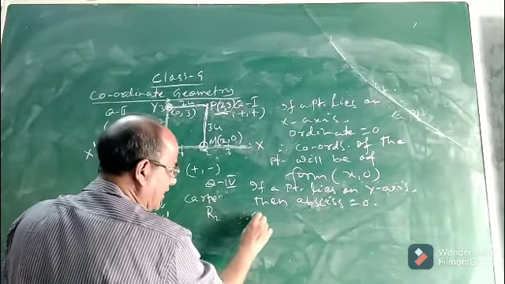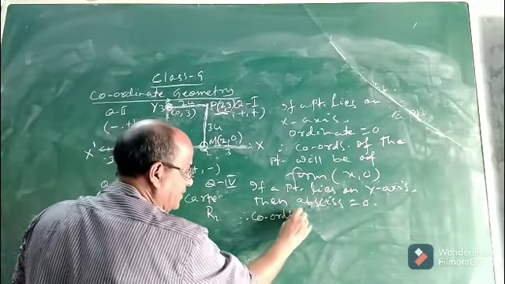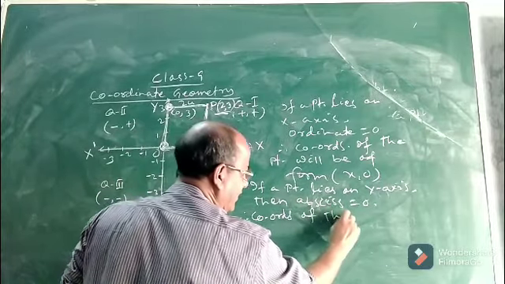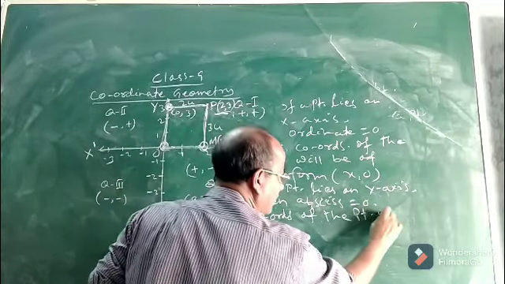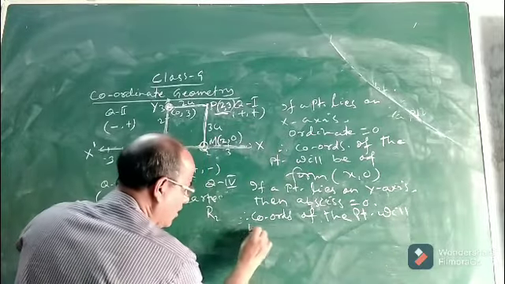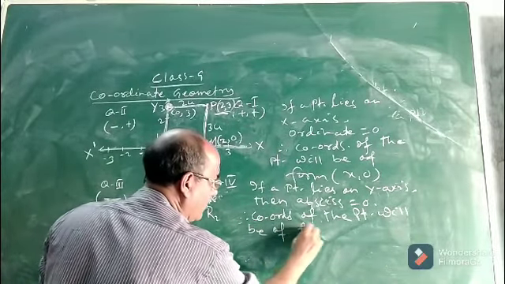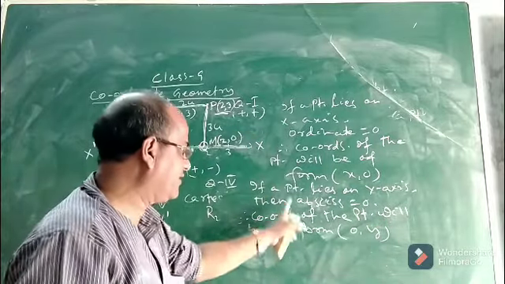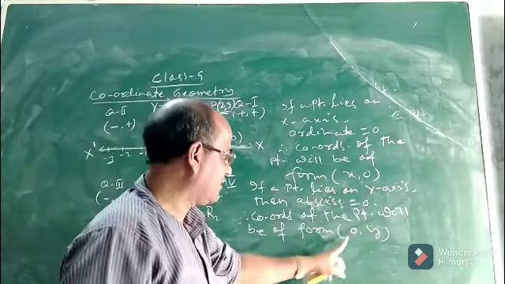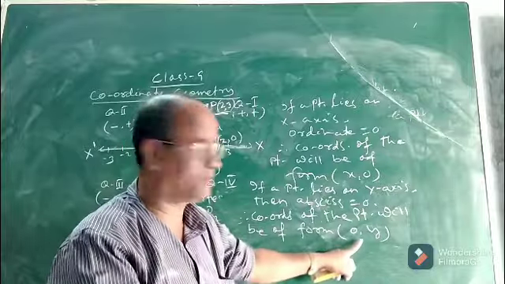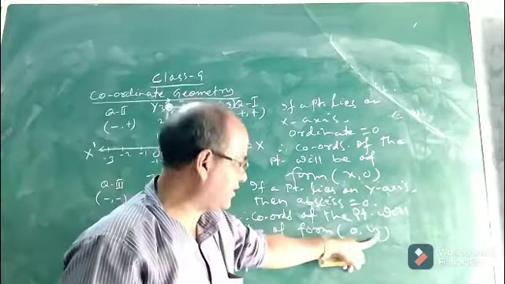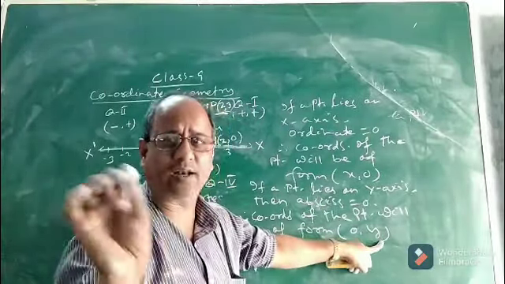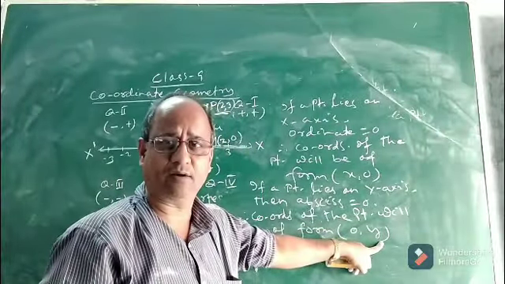And the coordinates of the point will be of the form 0, y. That means if a point lies on the y-axis, the x coordinate or abscissa is always 0, but not the y coordinate. Y can take any real number value.